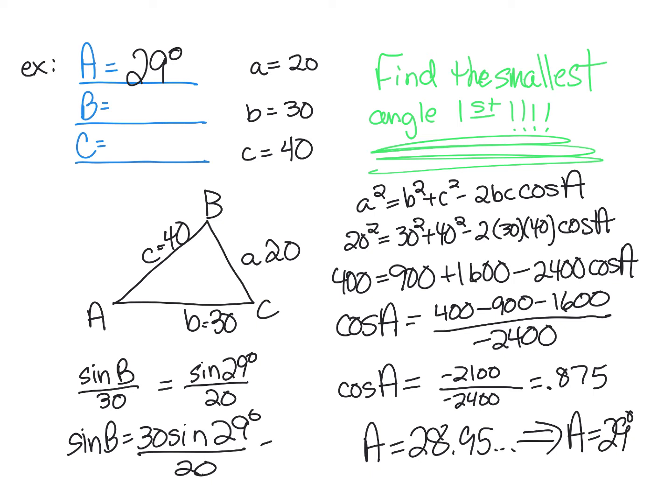And I'm going to get B equals 46.65. I'm going to say 46.7 degrees. Sorry, I'm running out of room here. Side B and side A. I'm here.